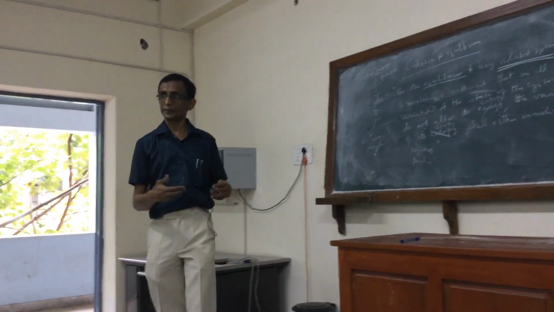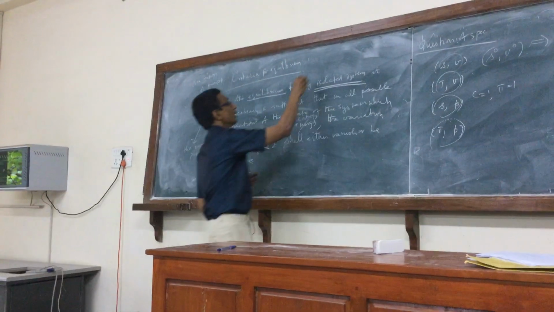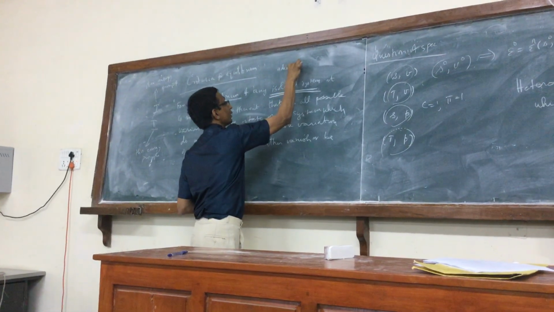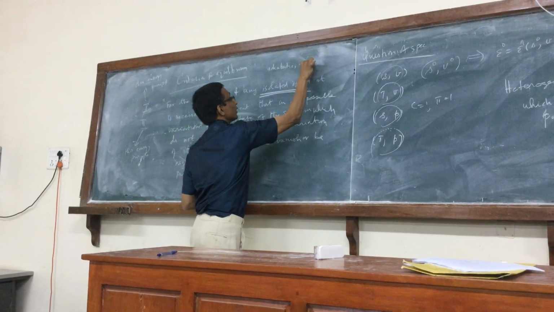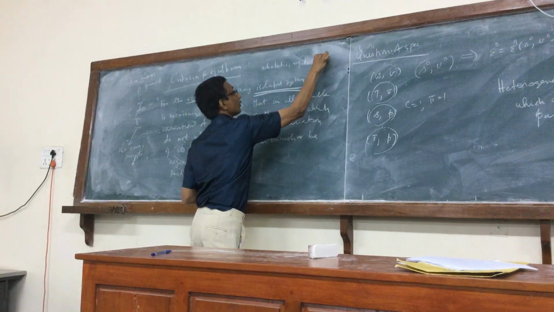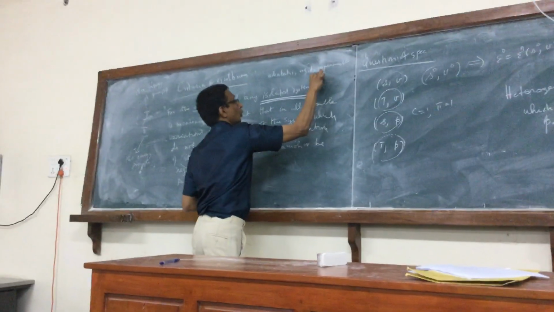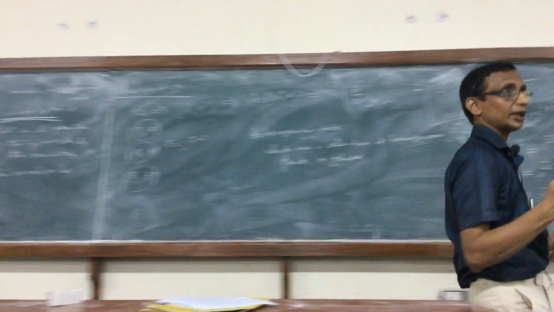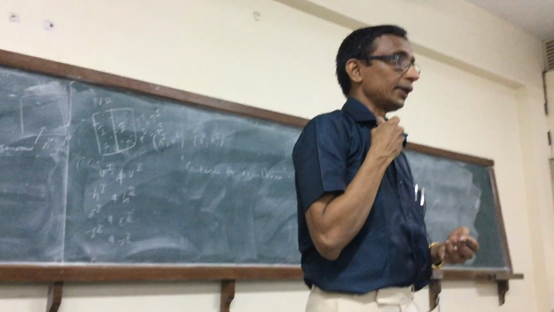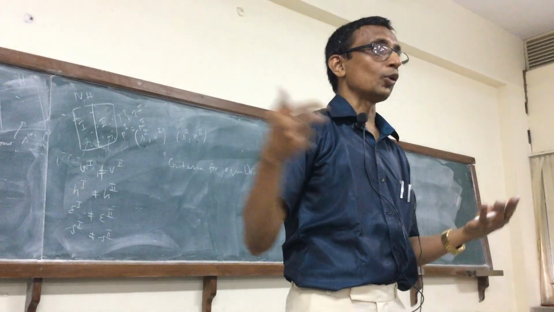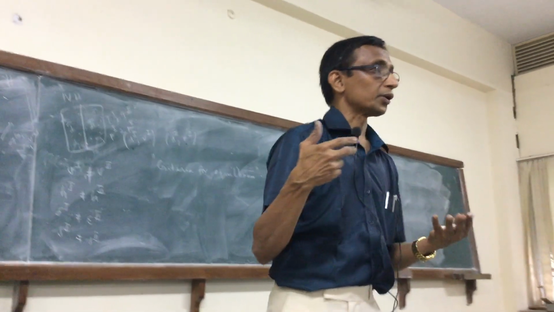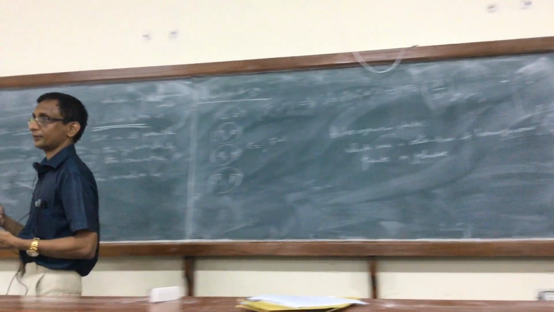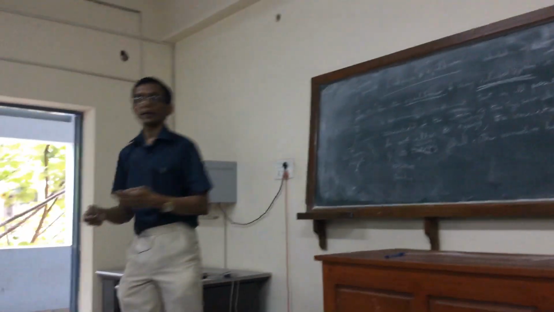Basically the isolated system is one which is enclosed by adiabatic, rigid, impermeable boundaries or walls. Adiabatic means no transfer of heat, impermeable means no matter can come in or go out, and rigid means there is no expansion. The volume of the system as a whole remains fixed.